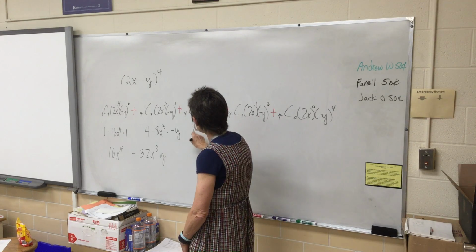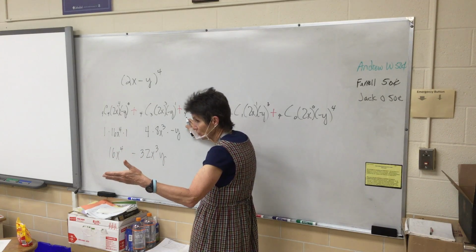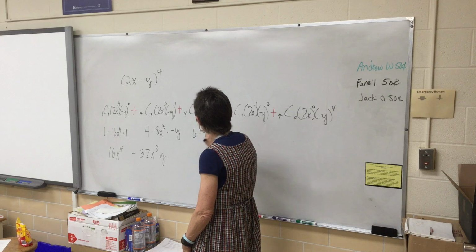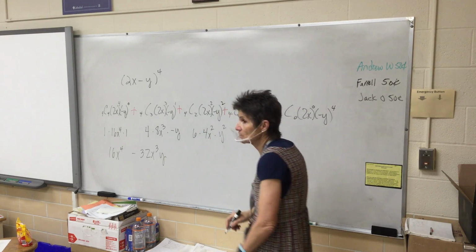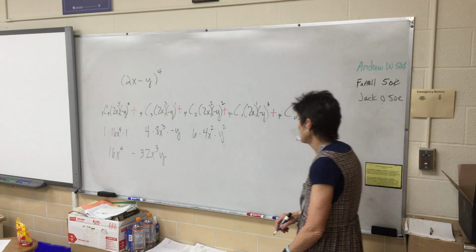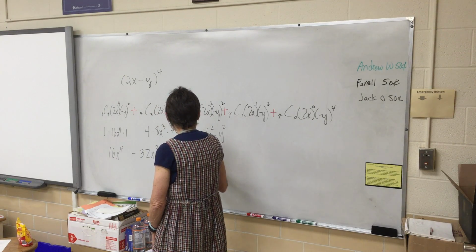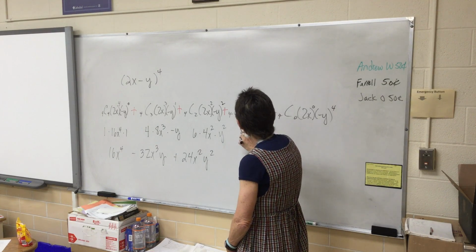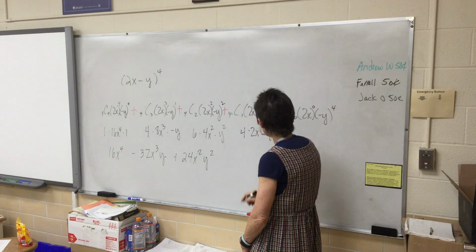This is 6, and again, you don't have those memorized, so you'll type that in on your calculator. Get 6, and then 4x squared, and then positive y squared, because when you square a negative, it's positive. So 24x squared y squared. All right, that's 4 times 2x times negative y cubed.